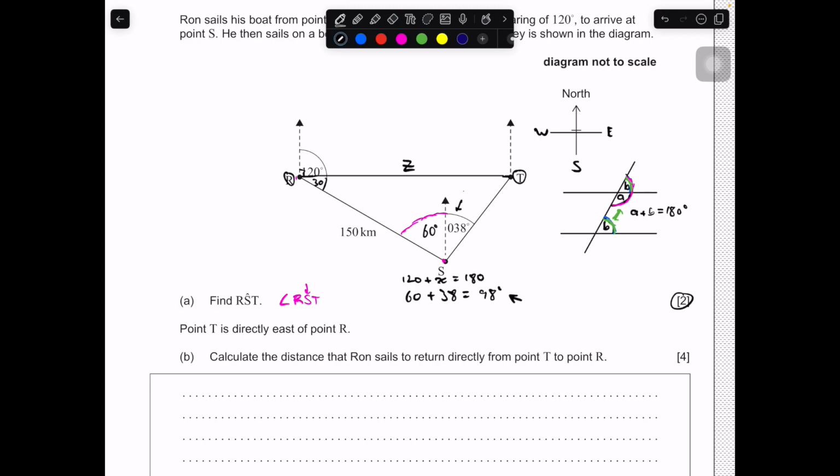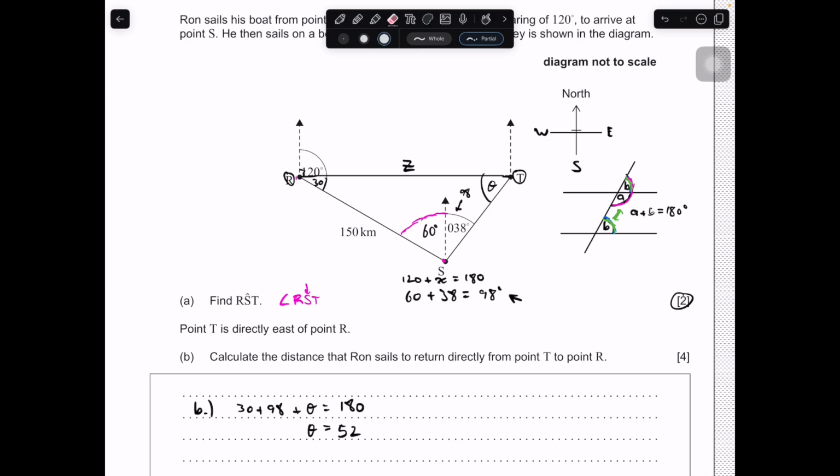If we know 30 and 98, we know that 30 plus 98 plus whatever this is, and let's call this theta, I suppose, plus theta is equal to 180 degrees, because the angles of a triangle add up to 180. So working that out, you can solve that if you like, would give us a value of 52 degrees.